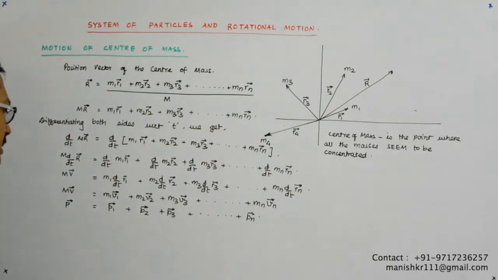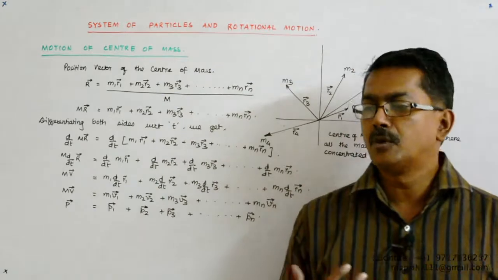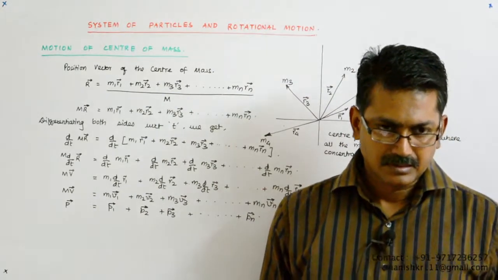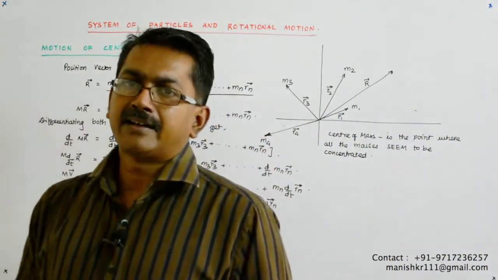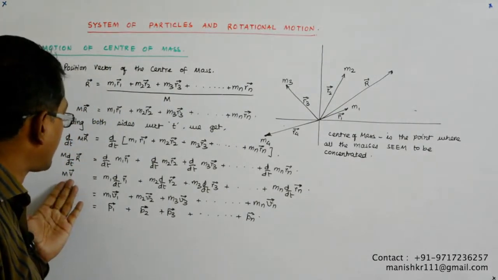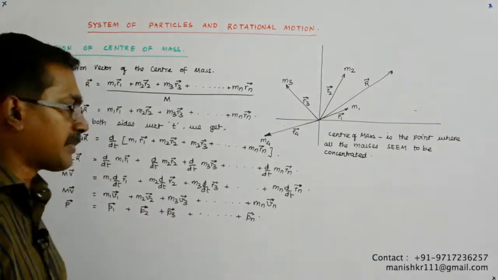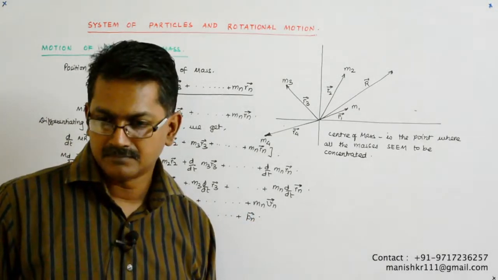So what does it give me? First of all, the momentum of the center of mass is the vector sum of the individual momenta. Secondly, if I want the velocity of my center of mass, I sum them and divide by capital M, is it not?